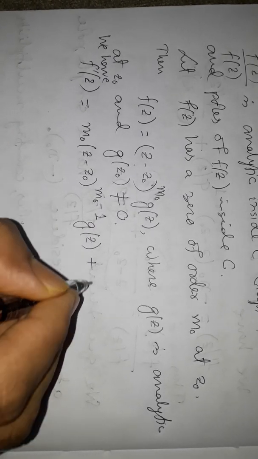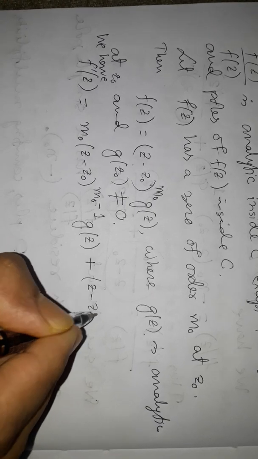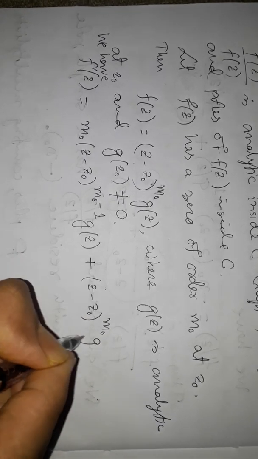So what is the derivative of f z? The derivative of f z is m naught times z minus z naught to the power m naught minus 1 times g z, plus the first function z minus z naught to the power m naught times the derivative of the second function, g prime z.